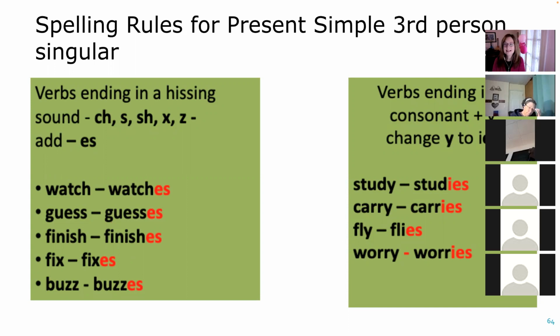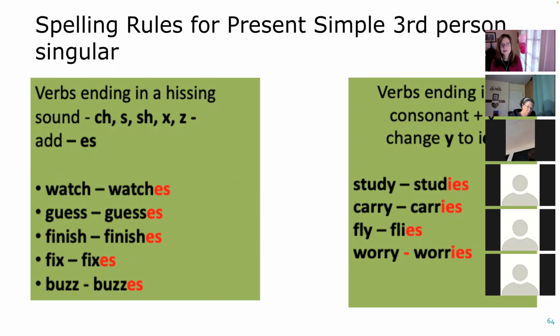So if you have a consonant plus a Y, you're going to change that Y to IES. So study changes to studies, carry, carries, fly, flies, worry, worries.